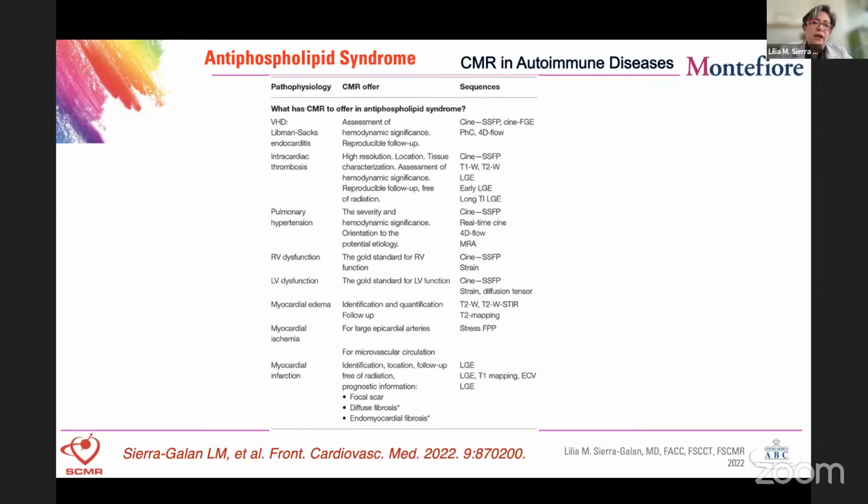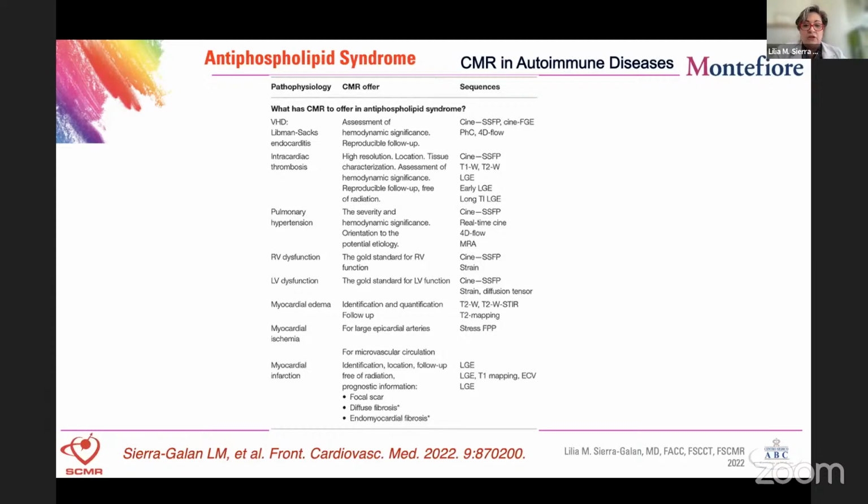Then we are going to have intracardiac thrombosis, which this method has a high resolution, allows the location, the tissue characterization, as in the case I showed you before, and allows to assess the hemodynamical significance. And again, it is reproducible, so it's very useful for follow-up and is radiation-free.